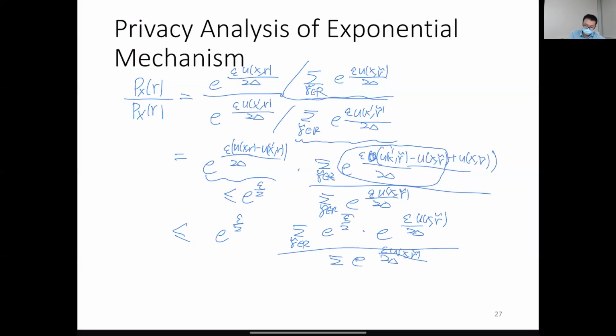And this is a constant that I can extract out, and everything else will cancel out, and this gives me e to the power of epsilon. So that concludes the proof for the epsilon-DP of the exponential mechanism.